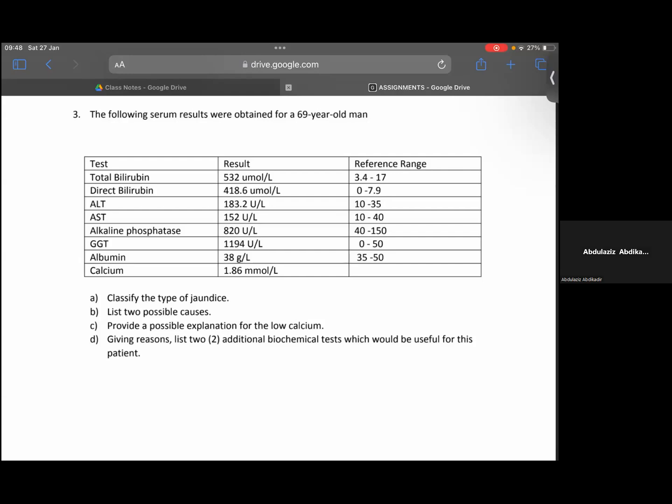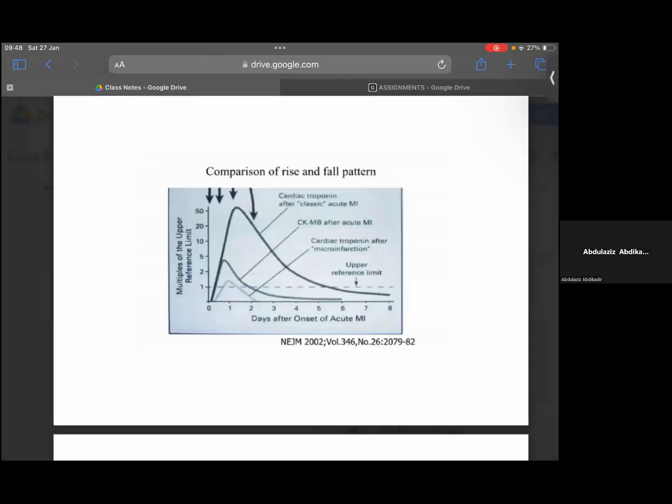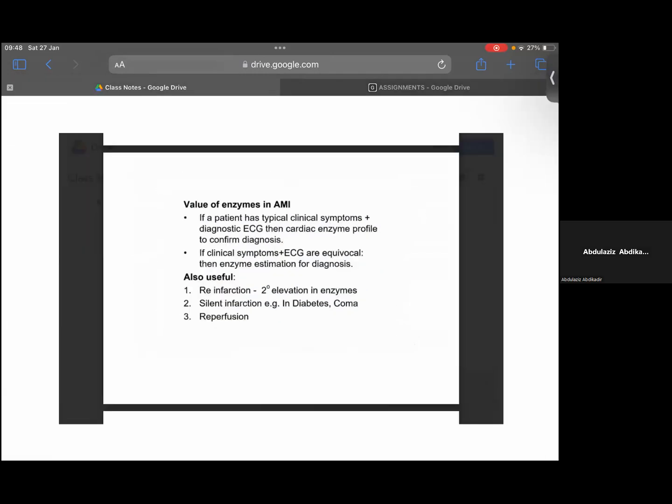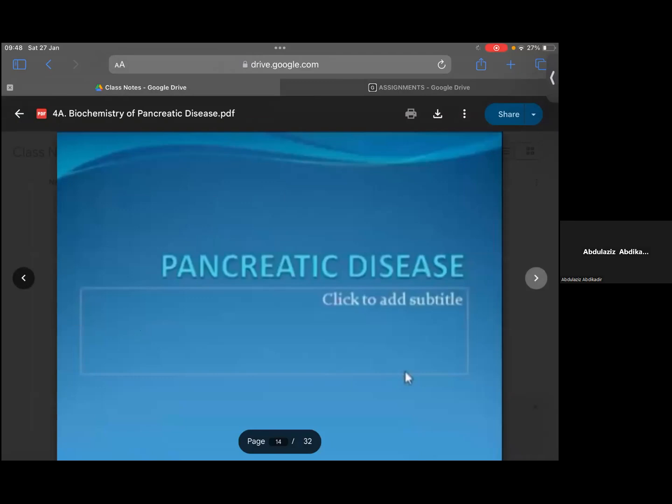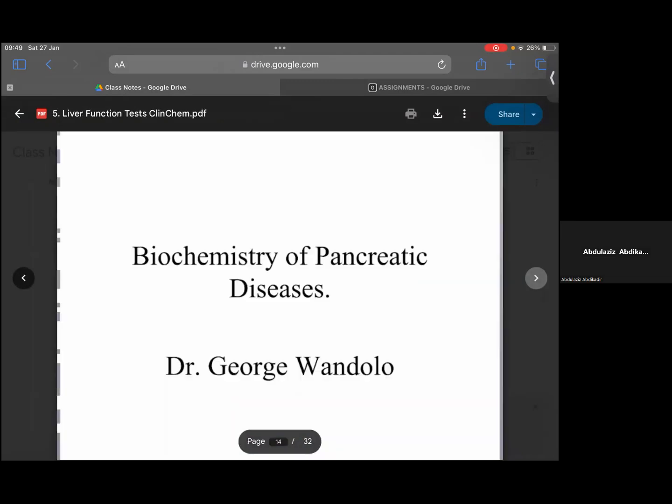Just the type of jaundice. The diagnosis has not been asked. You're just told the type of jaundice. Is it conjugated? Is it unconjugated? Remember, types of hyperbilirubinemia. It is either conjugated or unconjugated hyperbilirubinemia.